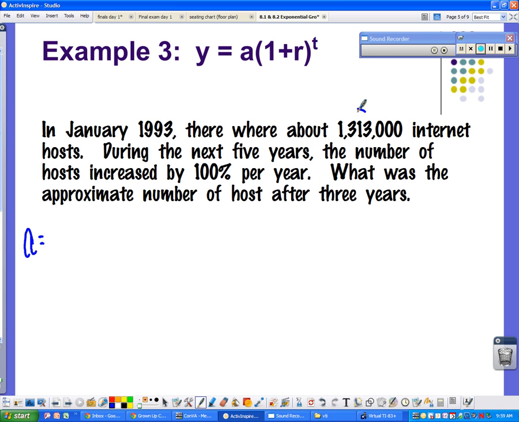Because I've got 1,313,000, I've got 100%, and I've got 3 years. Well, remember your percent is going to be, or your rate is going to be the percent. So we're actually starting with 1,313,000.